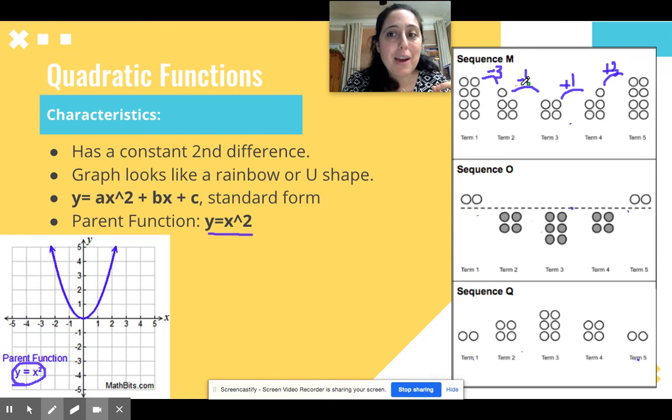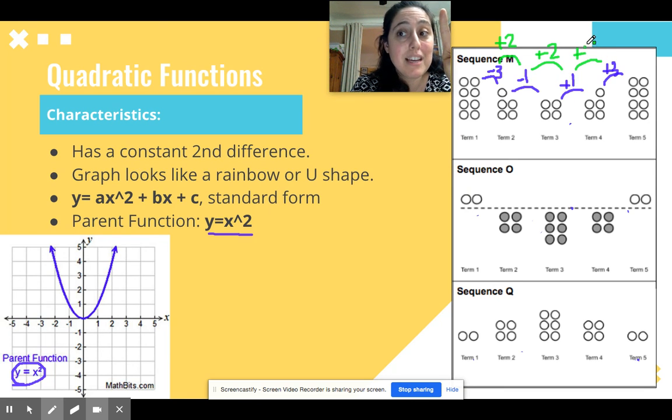We're just going to look at what I've written in blue and say, what do I need to add or subtract to get from -3 to -1? Okay, so follow along in your calculator if you can. So -3 plus 2 gives me -1. And -1 plus 2 gives me +1. And 1 plus 2 gives me a +3.